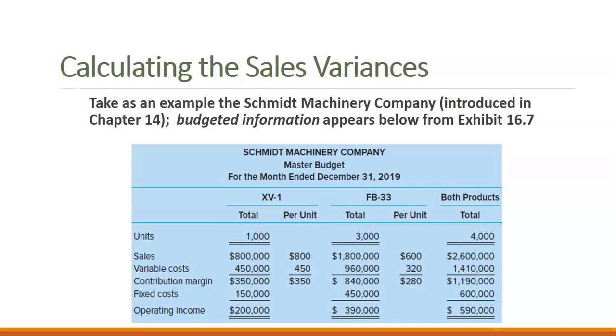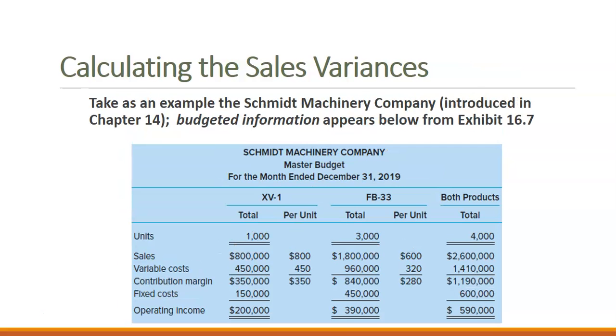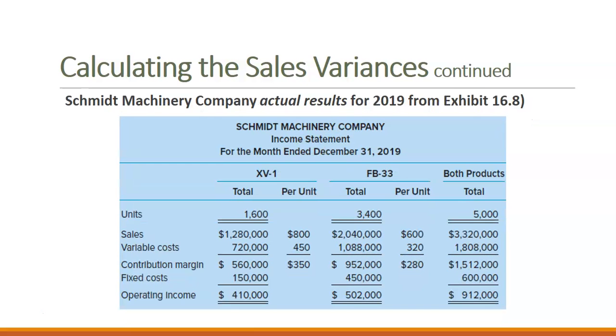So we now have the actual results for that income statement. So we've sold a different proportion of units. We had a different sales price. So we look at our sales price and contribution margin per item, but we sold a different number of units.